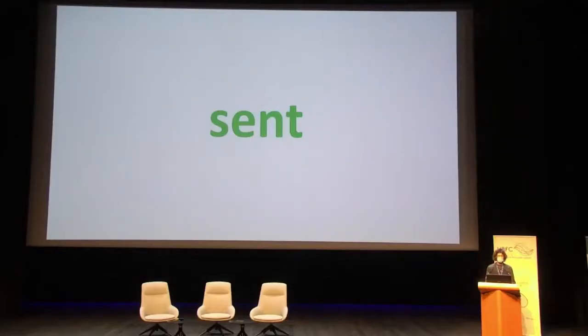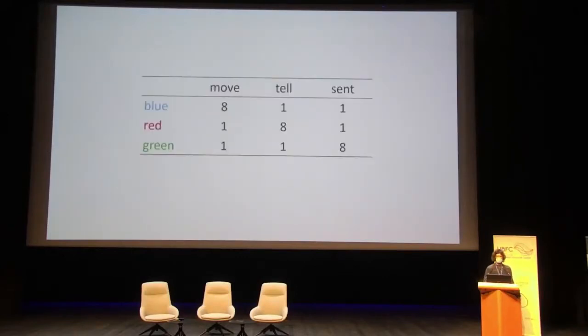The words in this task are actually irrelevant for the task of color identification, but the manipulation is that each word is presented most often in one color. So for example, the word "move" most often in blue. So the words are actually informative about the likely color and therefore the correct response.